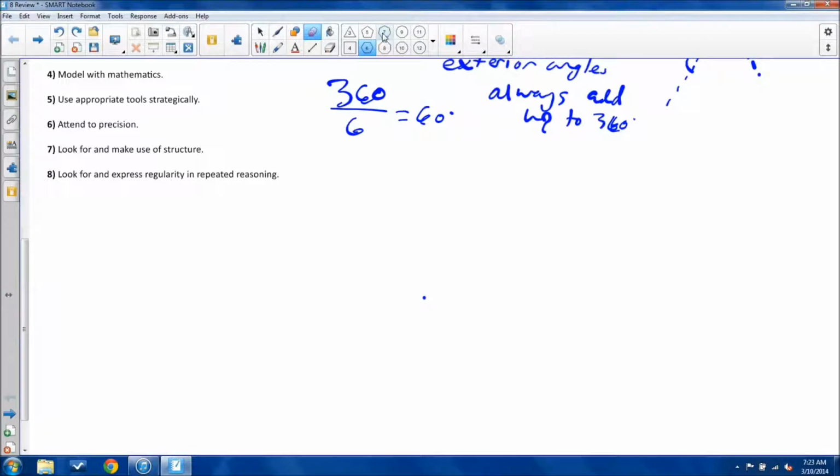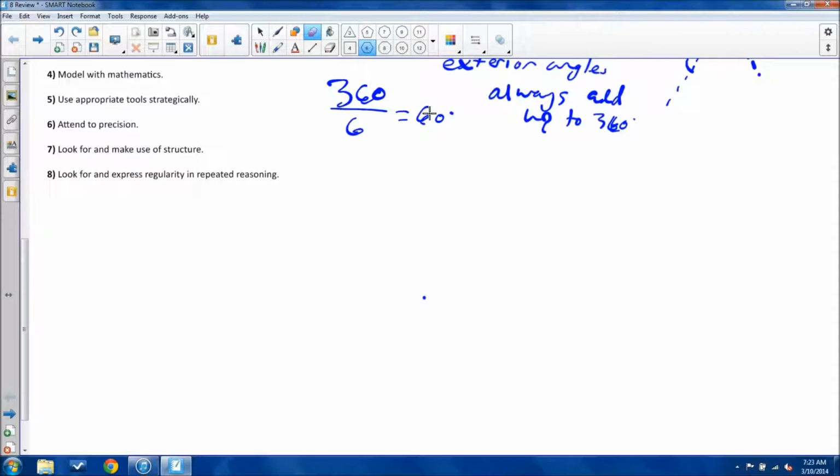If you say septagon, I suppose it's okay, but I think heptagon's the official term. Octagon, nonagon, decagon. I don't believe I know the name of this one. 12-sided shape's a dodecagon.